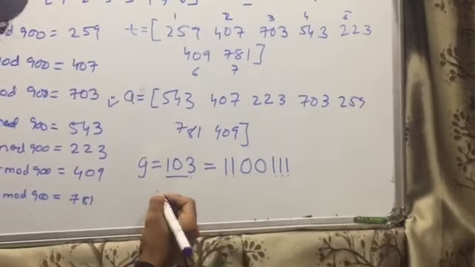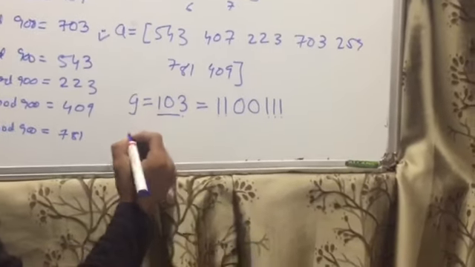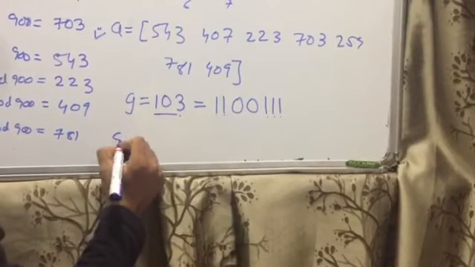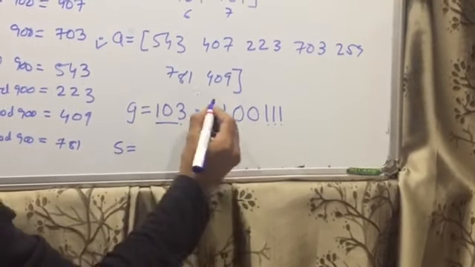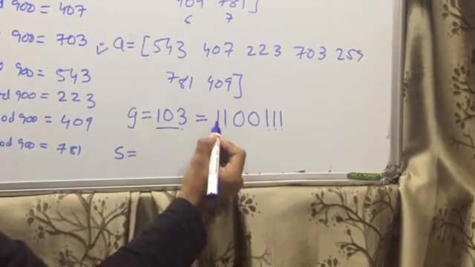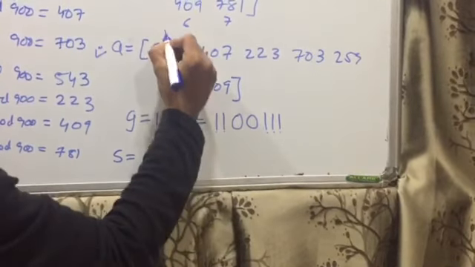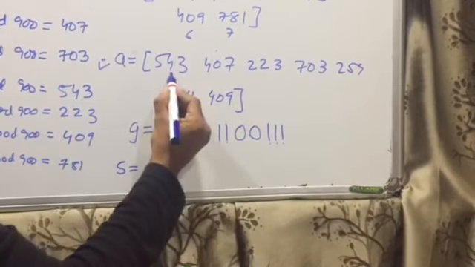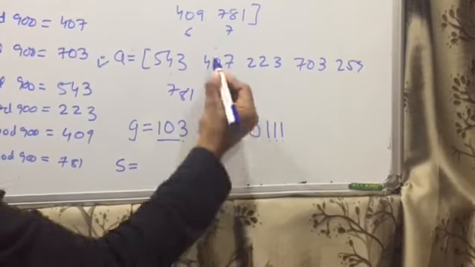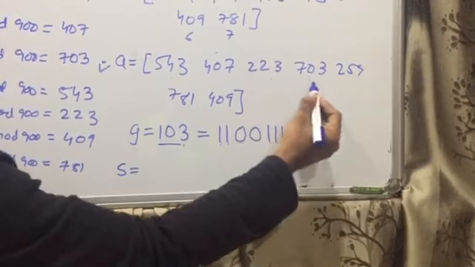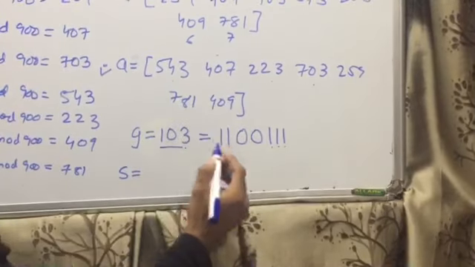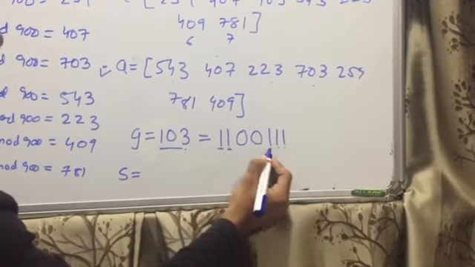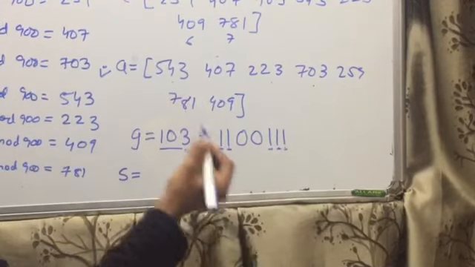Now let's move on and solve the value of S. So S will be equal to, you have to add all the ones. You can take this as the first bit, this one, second bit, this one, and 0 0 1 1 1. Whichever the value is 1, you have to add those values over here.